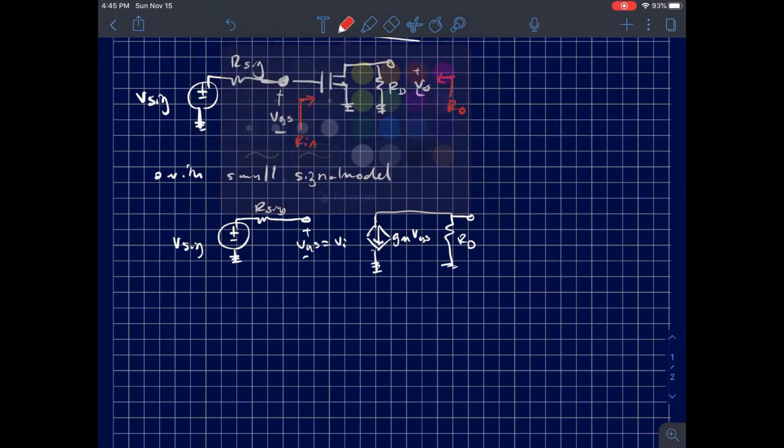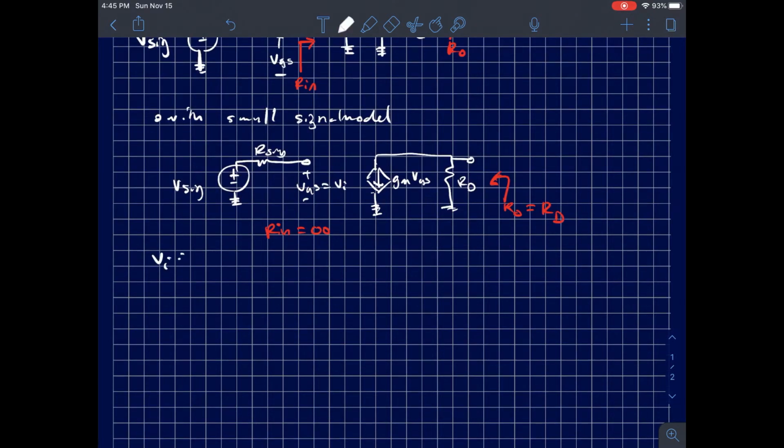If I look at Ri, since there's an open circuit here, the input resistance is infinity, and Ro, looking back through the output terminals, is just equal to RD. Vi is equal to Vsig, which is equal to V gate to source, because with an infinite resistance across there, 100% of the voltage is dissipated across there.